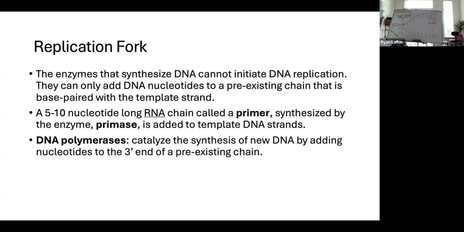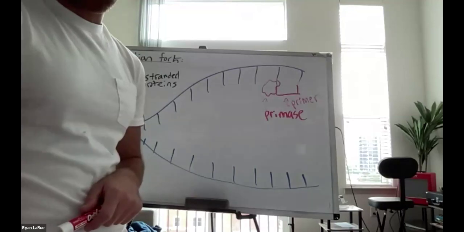And there's two kinds, which we'll get to. But DNA polymerases are going to extend and add complementary DNA nucleotides to these strands, okay? So let's take a look at what that looks like.